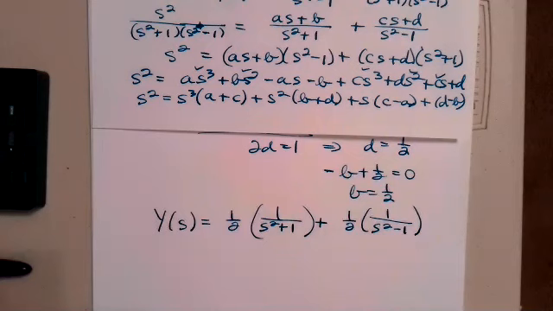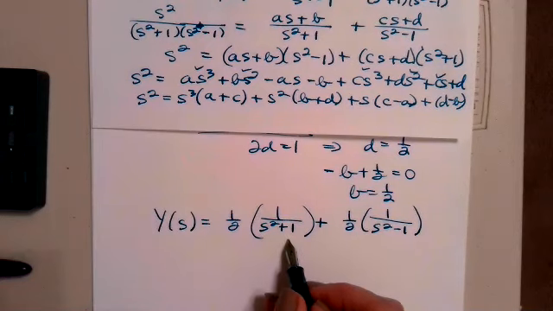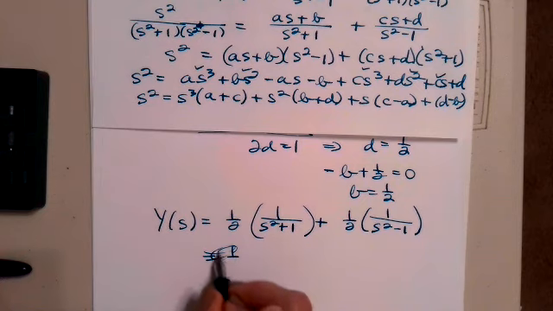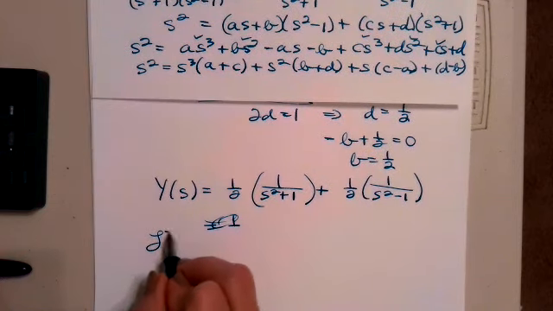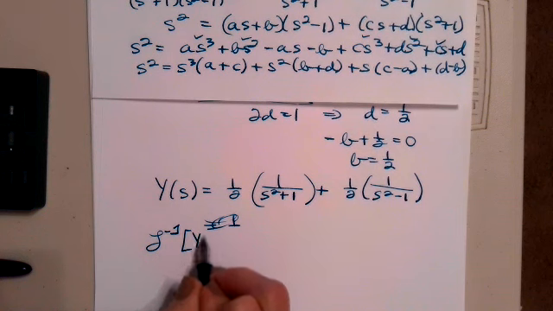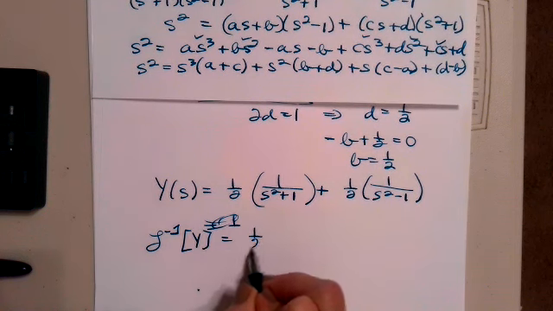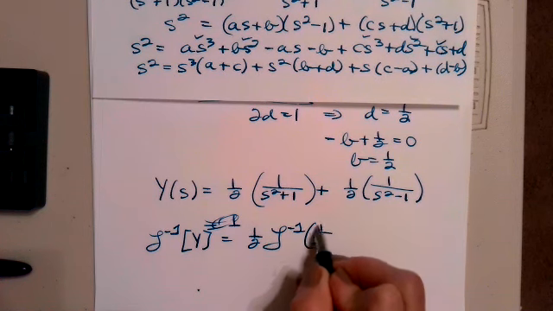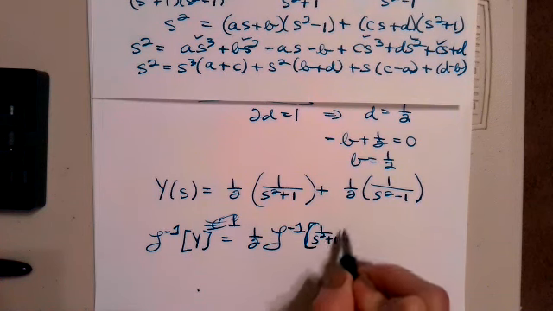Okay, and now if you look this up on the Laplace transform table, or basically by what we did before, you see that now, hold on, let me make one more step before this. Now I want to take the inverse Laplace transform of everything. The inverse Laplace transform is linear, just like the Laplace transform is.